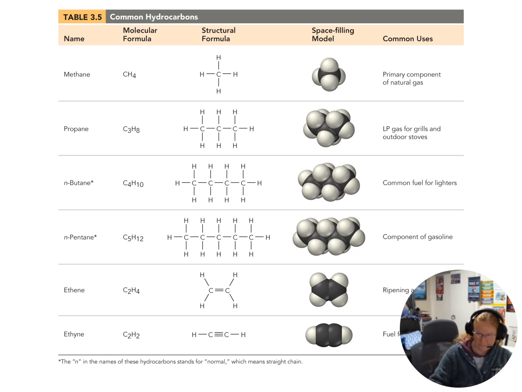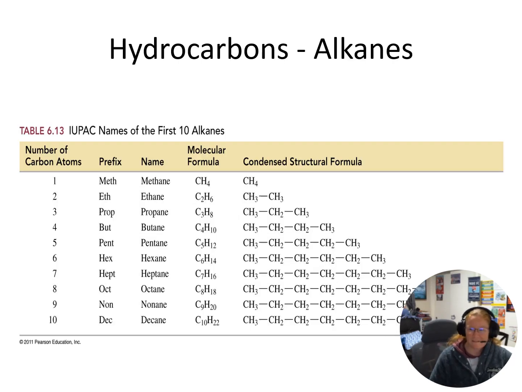And then we've got some of the common uses for those. So we see these a lot. Propane, that's what you get your tanks filled with if you've got gas grills or things like that. And so there's all those prefixes. Meth is 1 carbon, eth is 2 carbons, prop is 3 carbons, but is 4 carbons, and then it just goes on down the line.